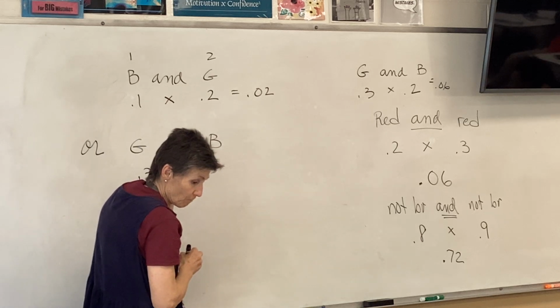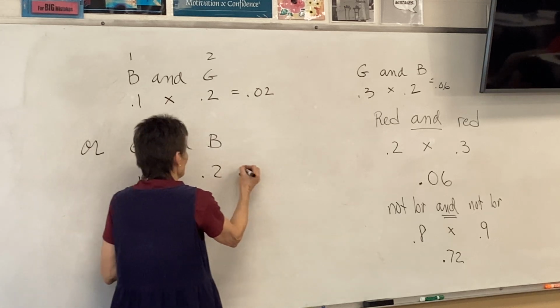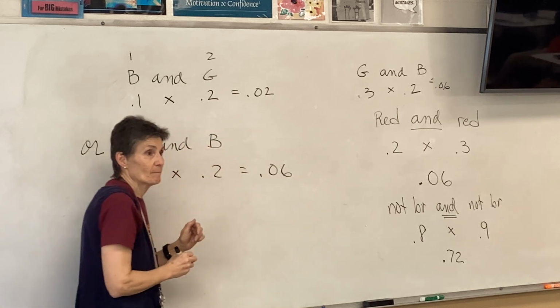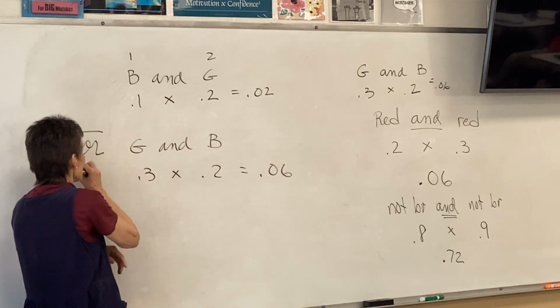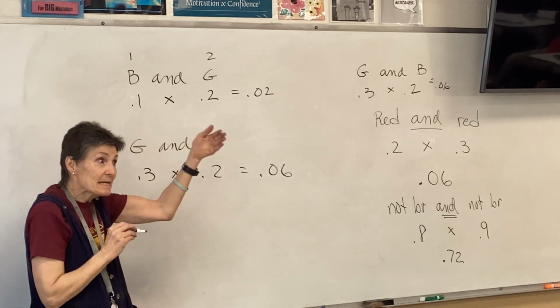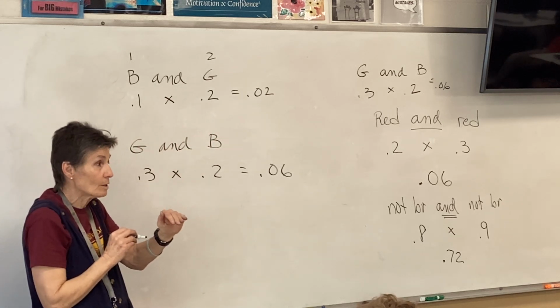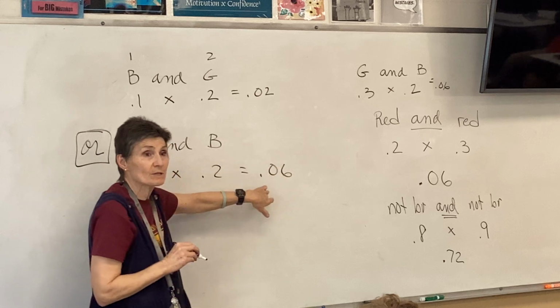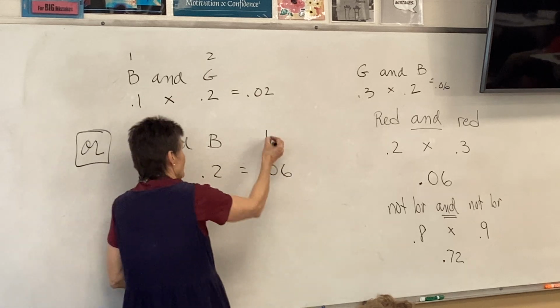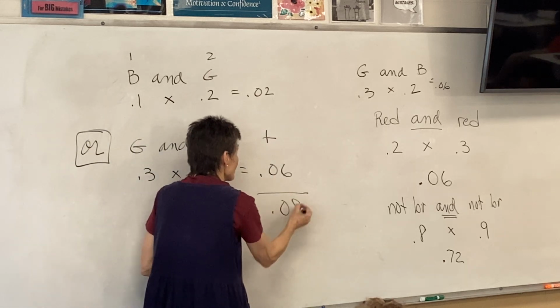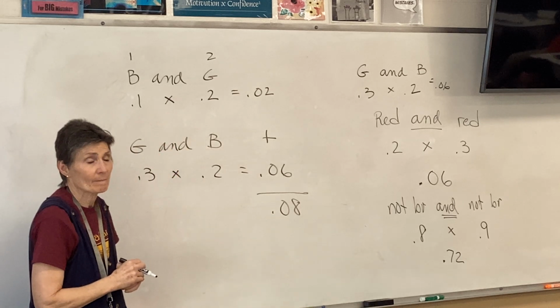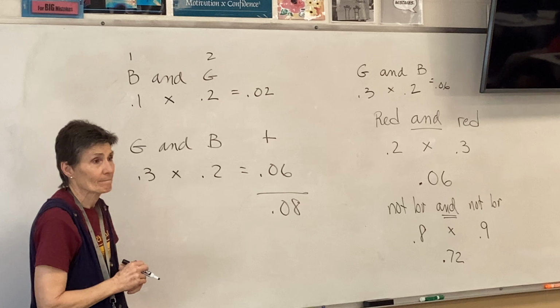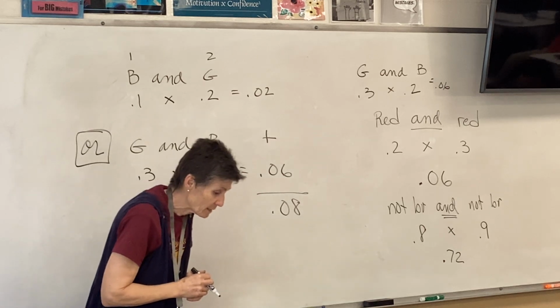And blue from Elizabeth is 0.2. So that's 0.06. And since it could be either or, what will I do with those two numbers? Add them. Absolutely, add them. So the answer to the problem is 0.08. Now do you see the difference between E and F?